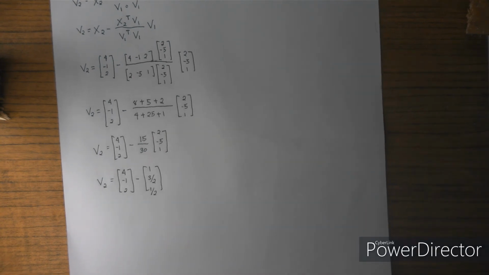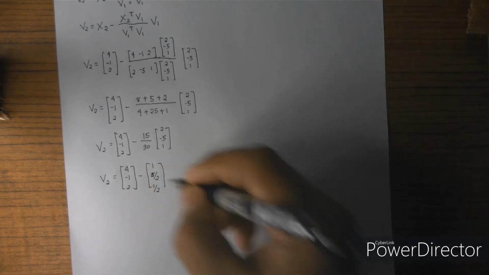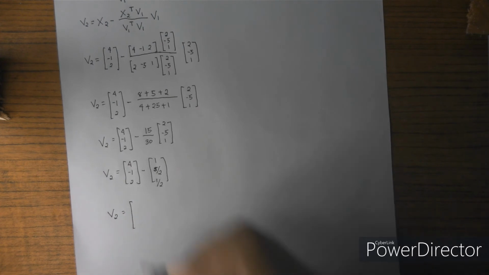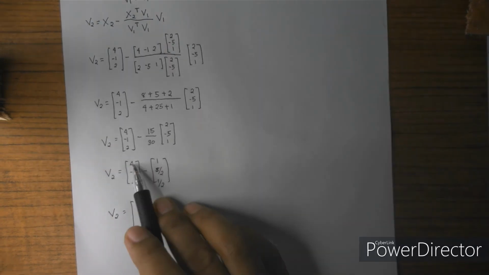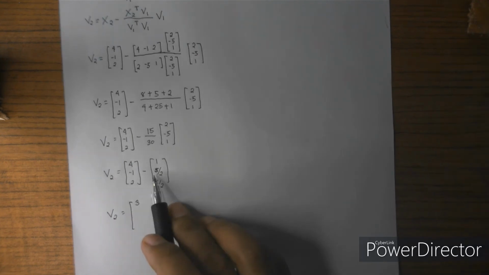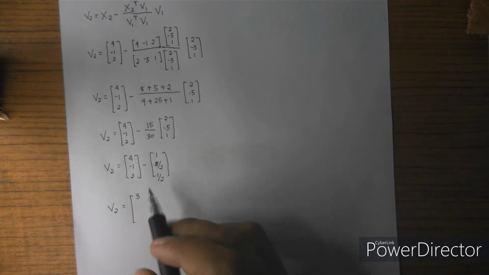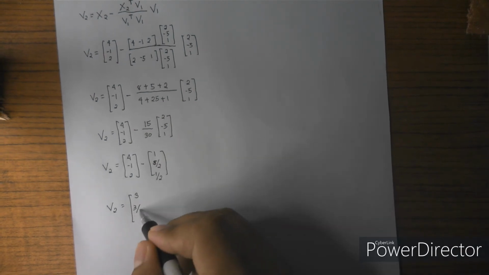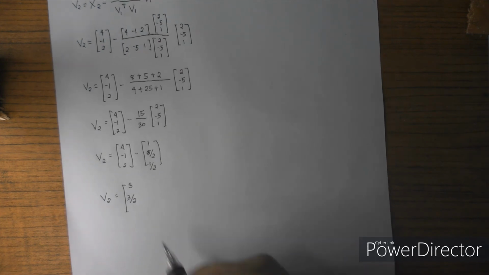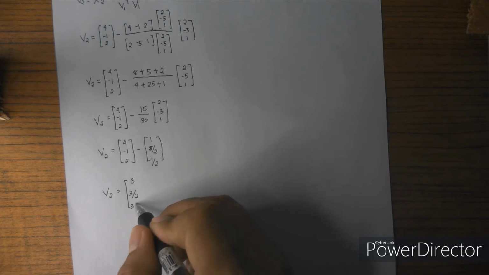Now v sub 2 is equal to, we subtract: 4 minus 1 is equal to 3, negative 1 minus negative 5 halves, which is 3 halves, and 2 minus 1/2 is also 3 halves.